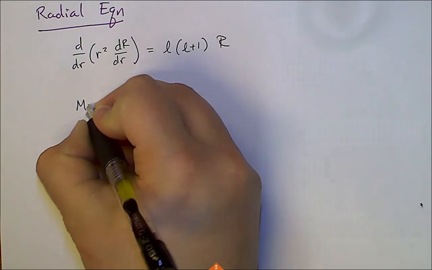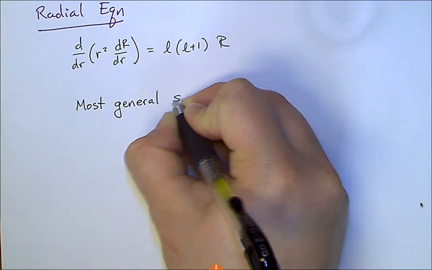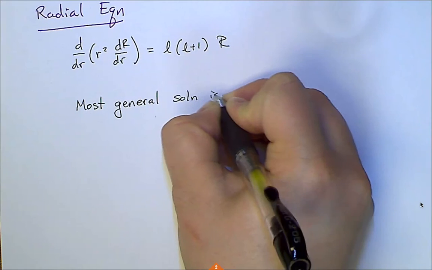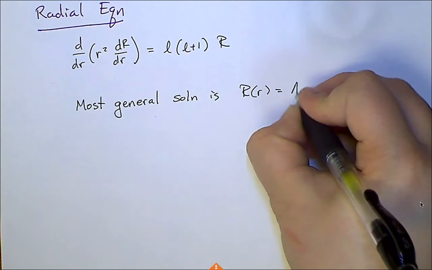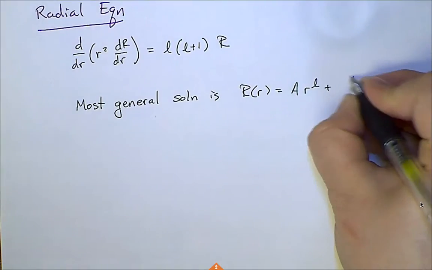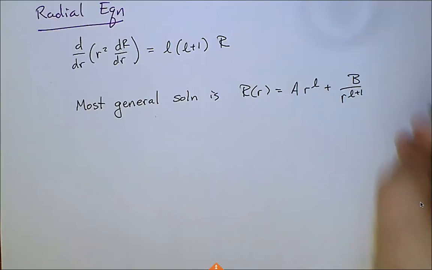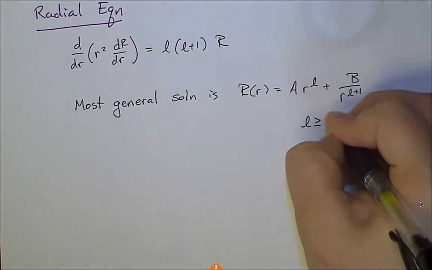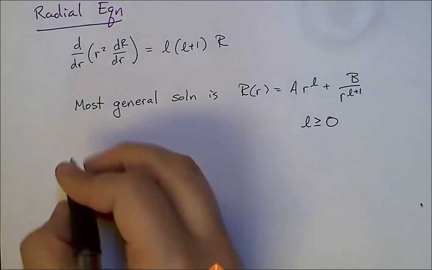The most general solution here is big R, a function of little r, equals a r to the L plus b over r to the L plus 1. And this is assuming that L is some positive number, which we decided we could do with no loss of generality earlier. So let's test to make sure that this is true.